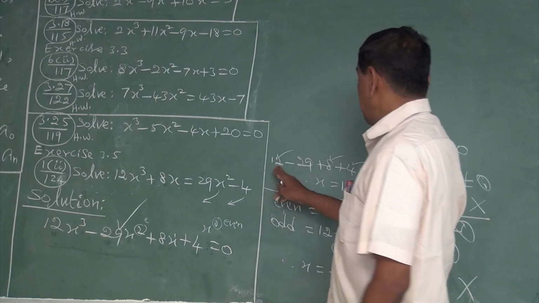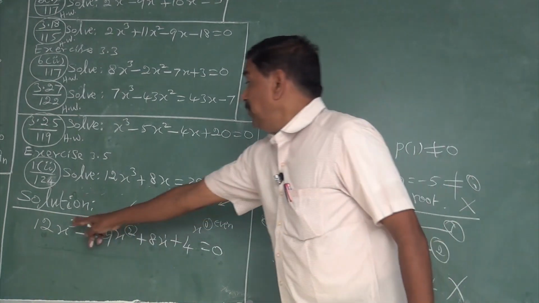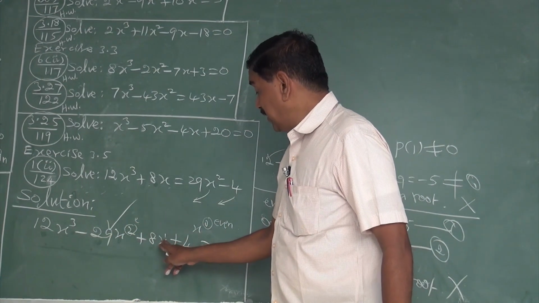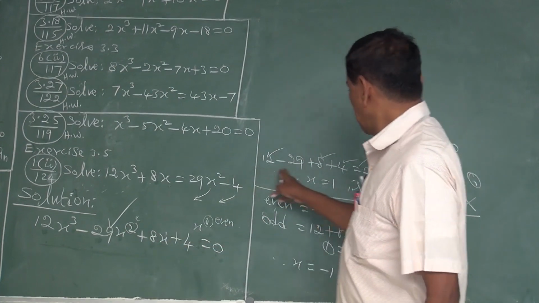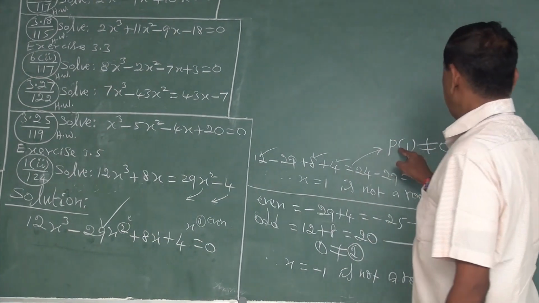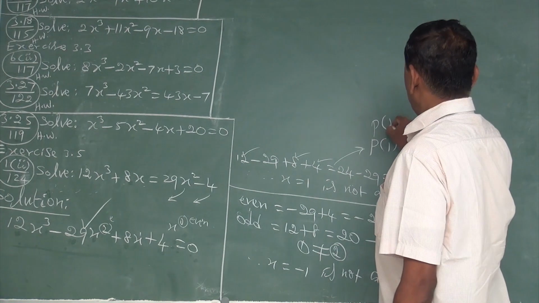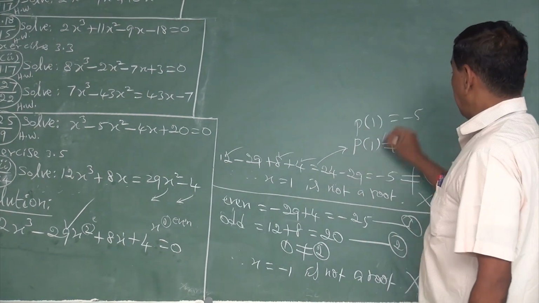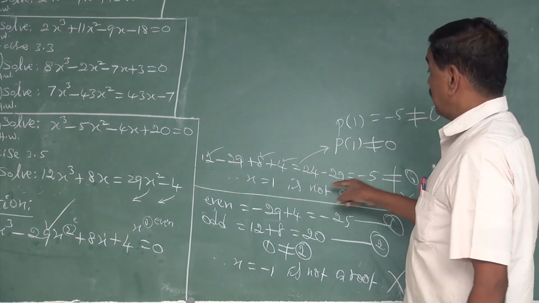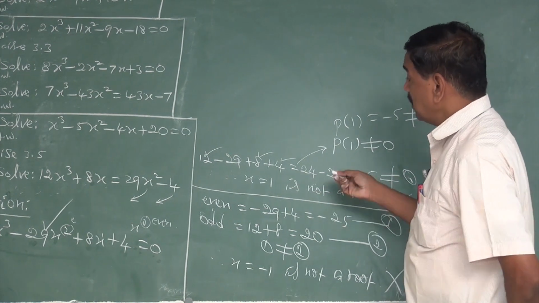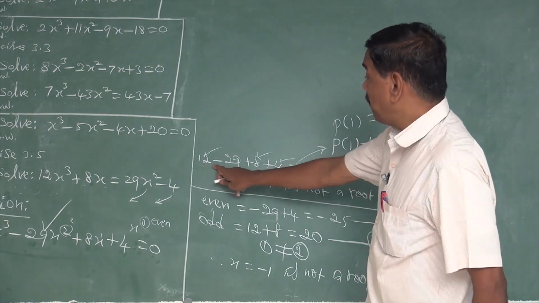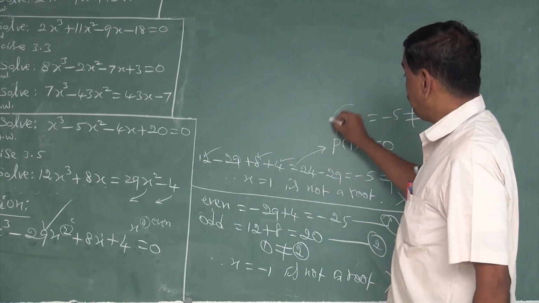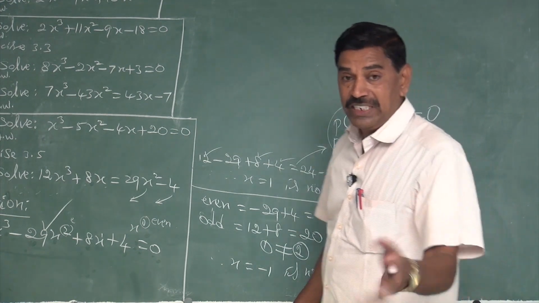You are going to get the same answer, because 1 cubed equals 1, 1 squared equals 1, and 8 into 1 equals 8. So P of 1 is equal to the same answer, minus 5, which is not equal to 0, therefore x equal to 1 is not a root. So one can calculate the sum of all coefficients, otherwise P of 1. That is your choice.